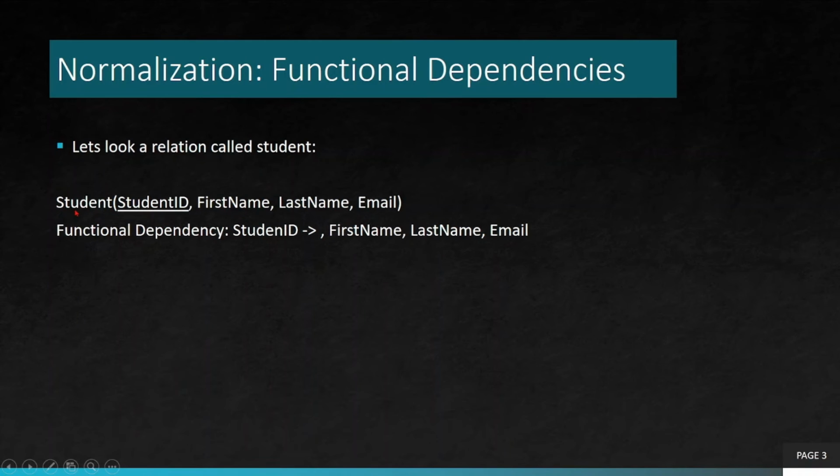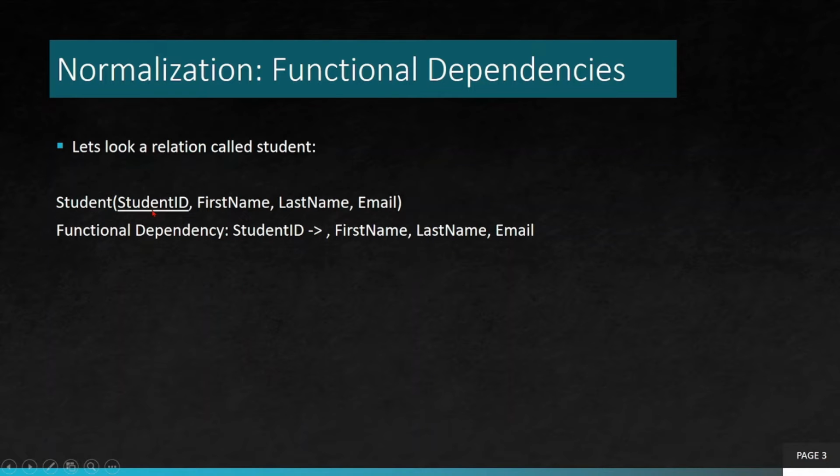So here we have a simple relation called student. We have the student ID, first name, last name, and an email address. So for our functional dependency, we have student ID, where first name, last name, and email address is dependent on student ID. That means when you search the database by the student ID, you can use it to locate any of these values.